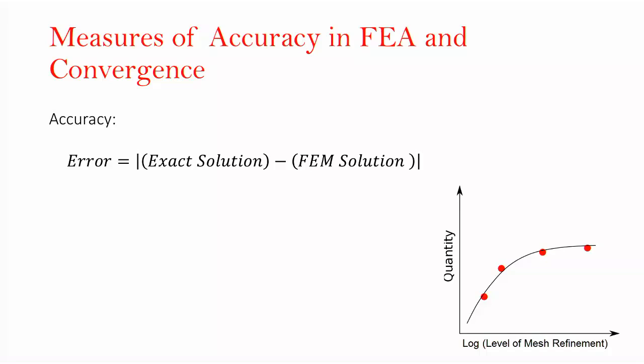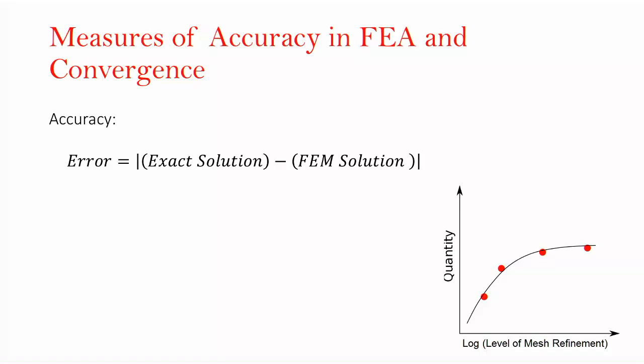But the reason that we're using tools like numerical methods is we don't have access to the exact solution. We don't know the analytical solutions. That's why we're choosing to use numerical techniques like finite element analysis.